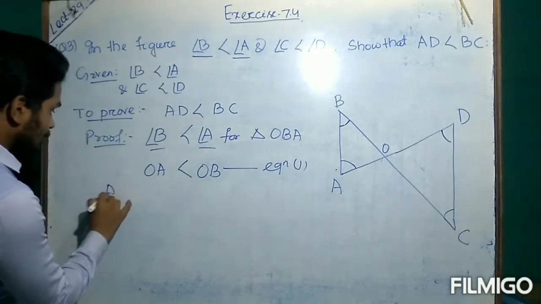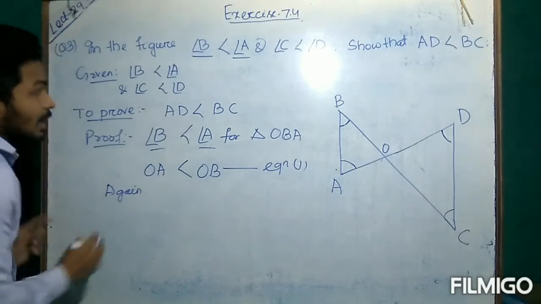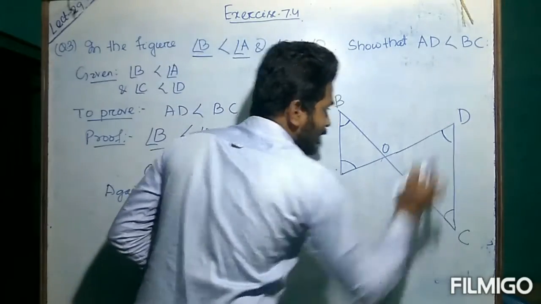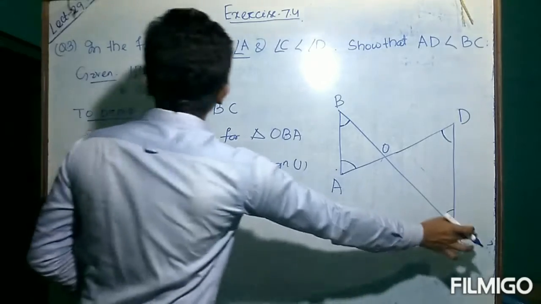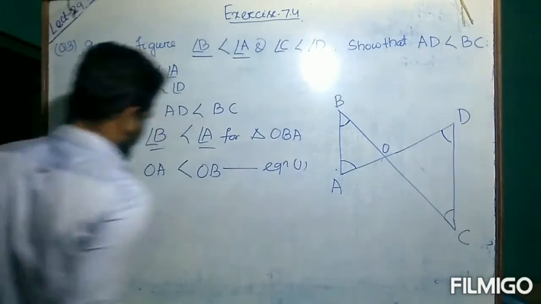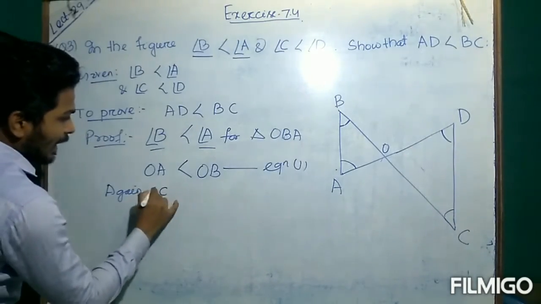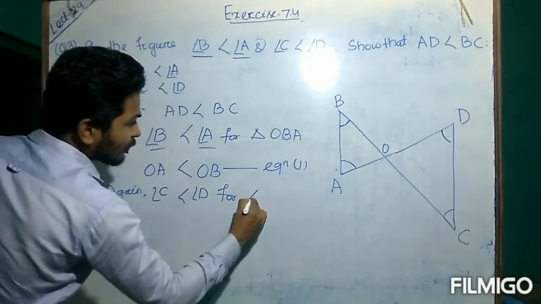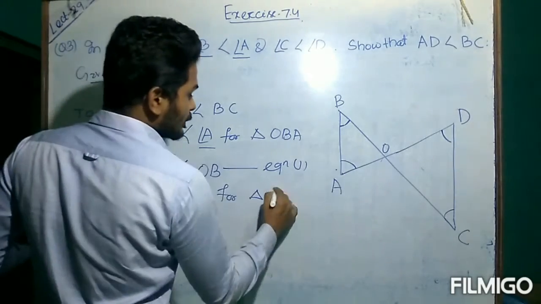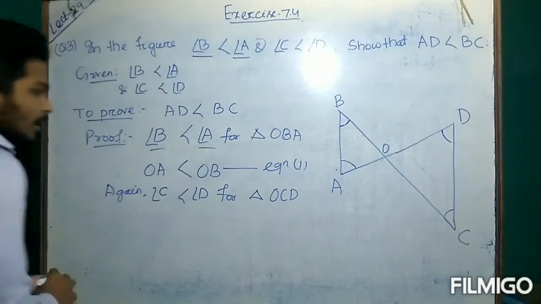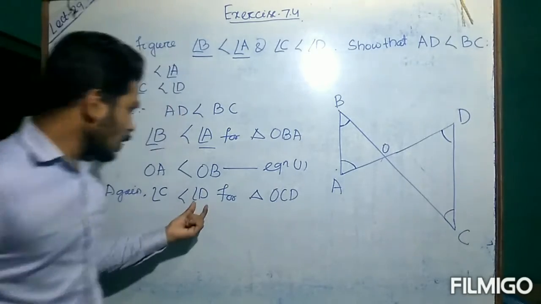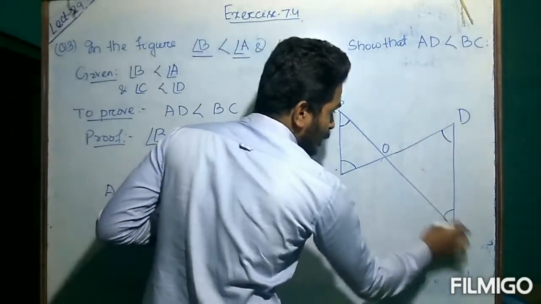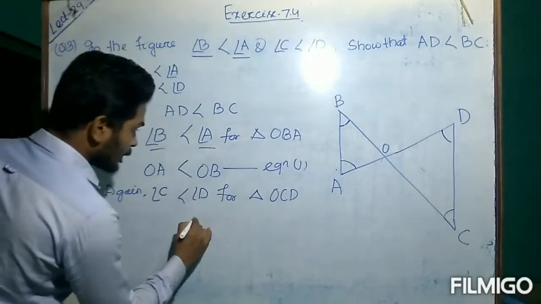Now again, it is given angle C is less than angle D, for the triangle OCD. Again, angle C is less than angle D, for triangle OCD. Now, what is the opposite side of angle D? This is the opposite side OC.